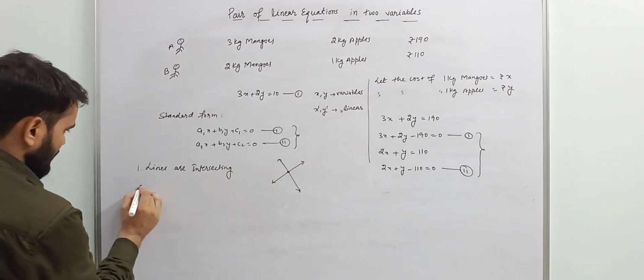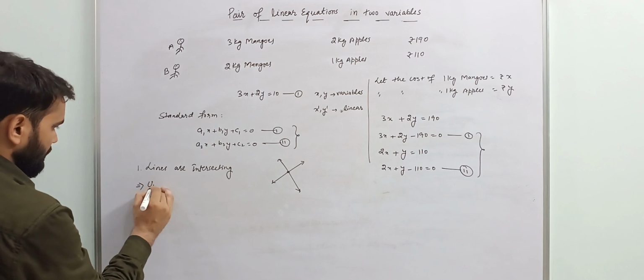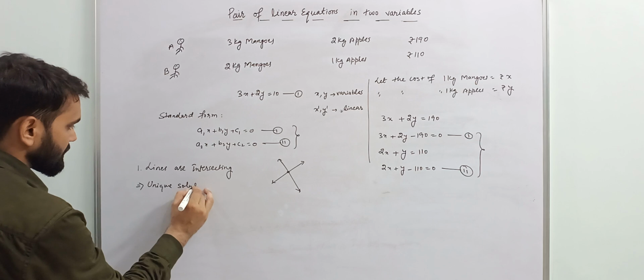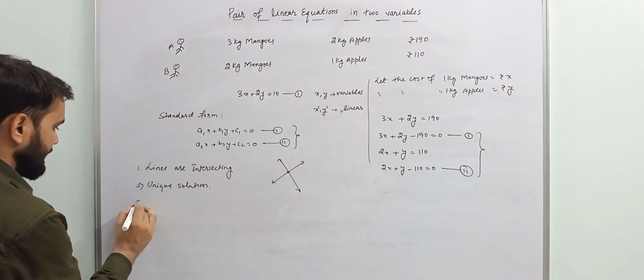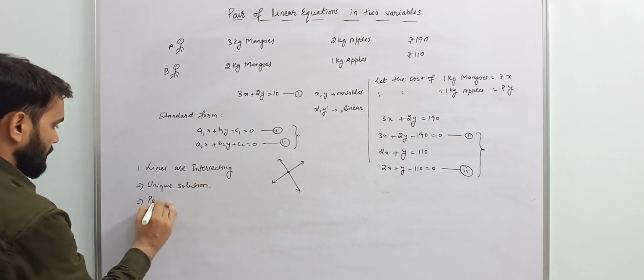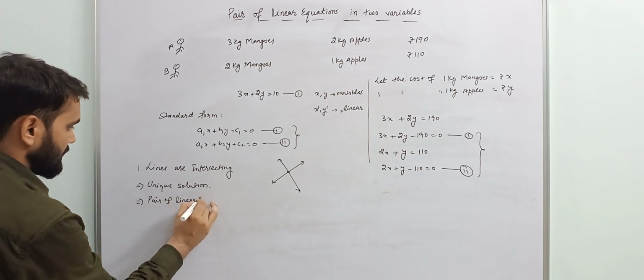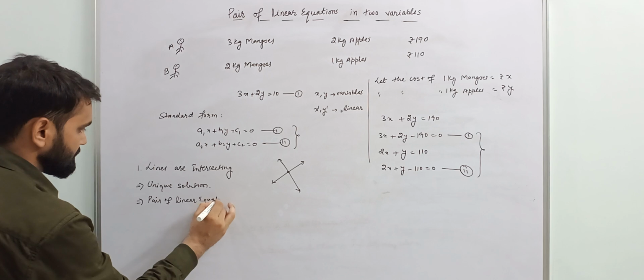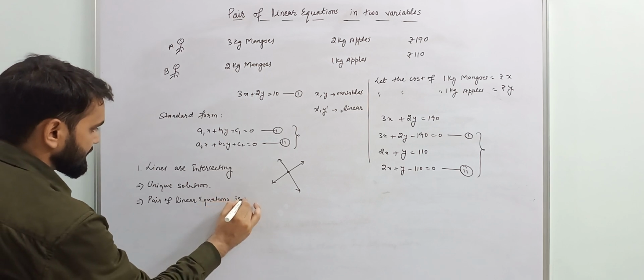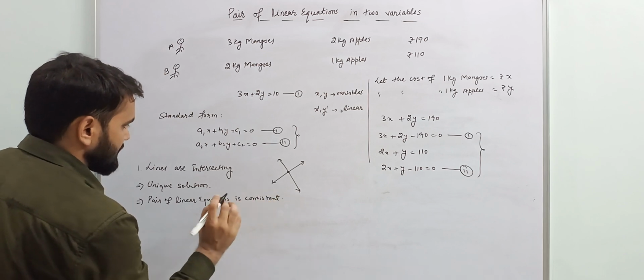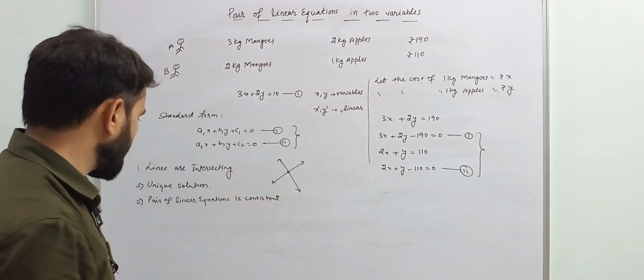So we will say the pair of linear equations will have a unique solution. And in that case the pair of linear equations is consistent. Consistent means it will have a solution.